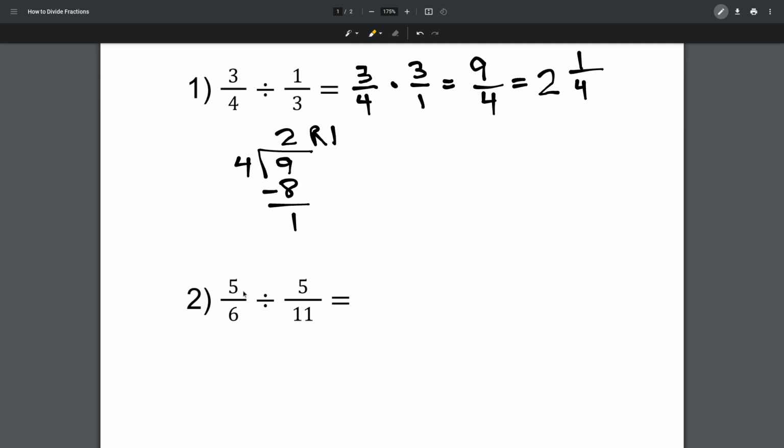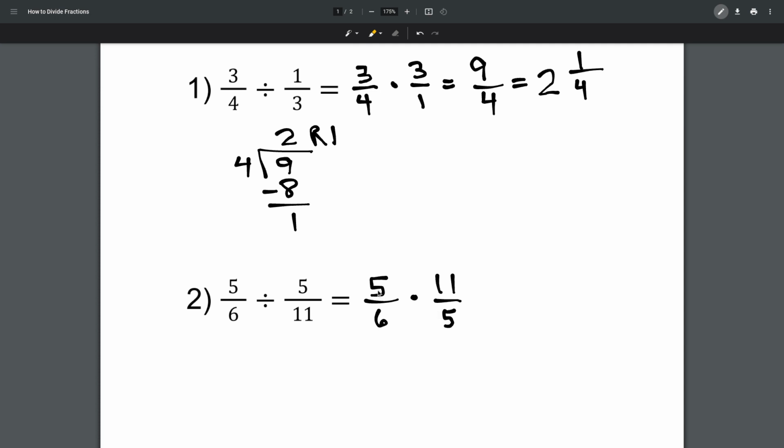Okay, so we're good with that one. Let's take a look at this one. We have 5/6 divided by 5/11. So we're going to change this. I'm going to write it as 5/6 times the reciprocal of the divisor, so times 11/5. Now, I did make a short on fraction multiplication using cancellation.